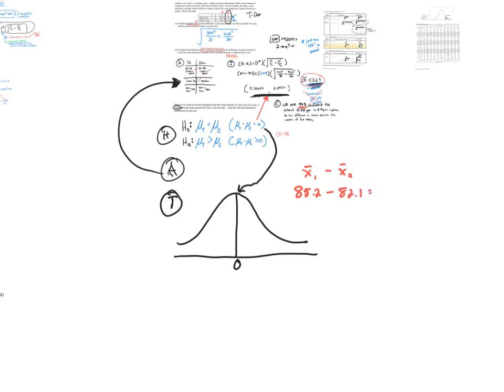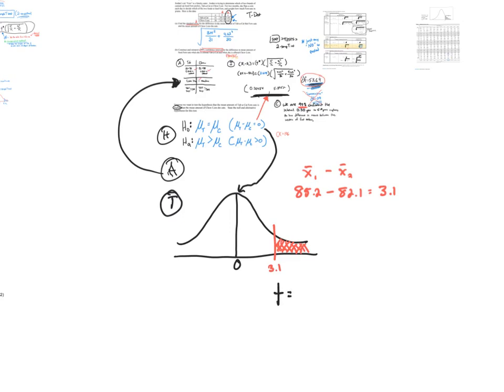Let me get my calculator going. 85.2 minus 82.1, so we're talking about a difference of 3.1. I would find 3.1 on the curve and shade above. Why? Because I put greater than on my alternative hypothesis. One-sided curve.